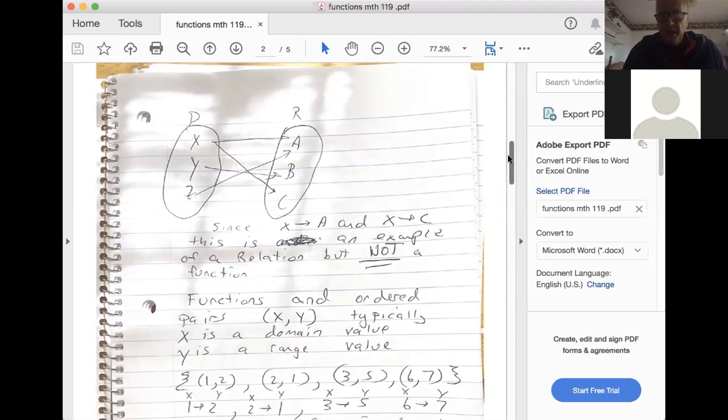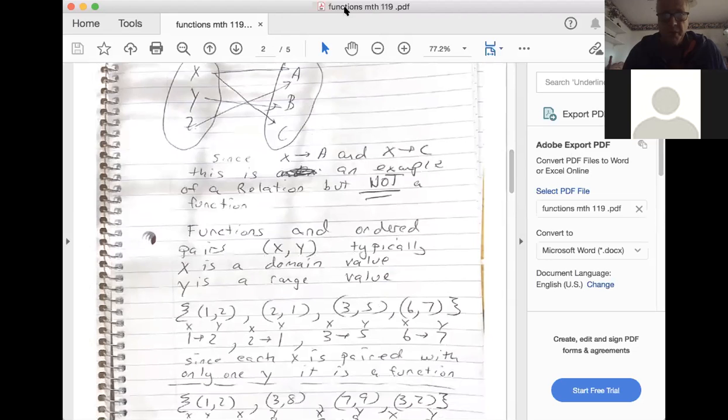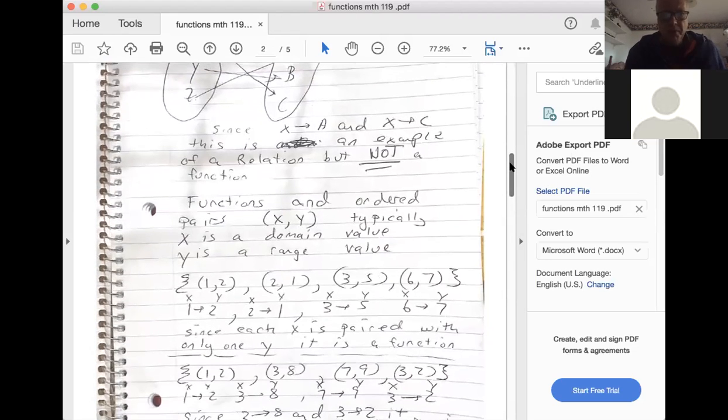Sometimes we see functions as sets of ordered pairs. Sets of ordered pairs, remember, are in x, y form. X is always a domain value and y is always the range value. So when we look at a set of ordered pairs, we look at the x values. What are the x values paired up with? How many pairings do they have? I have an x value of 1.